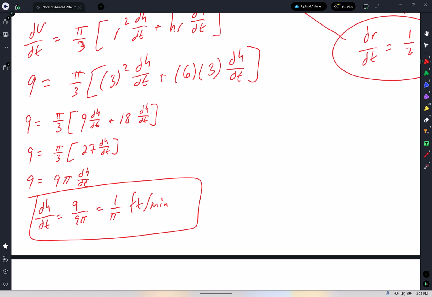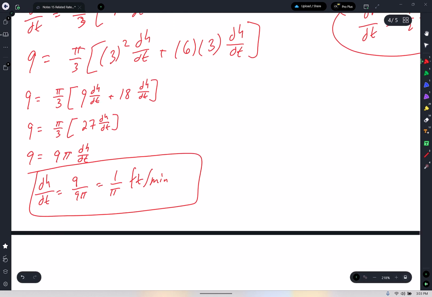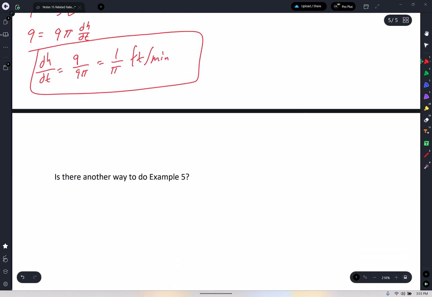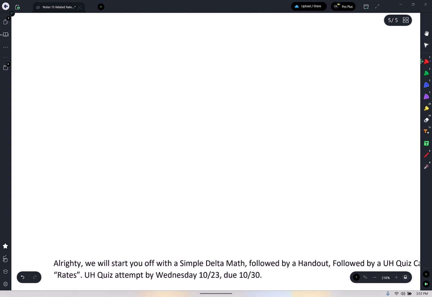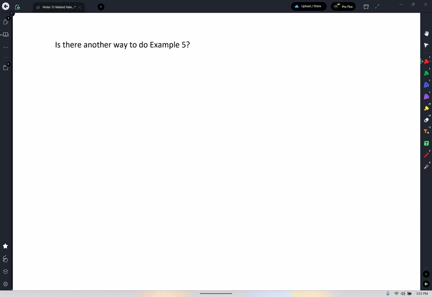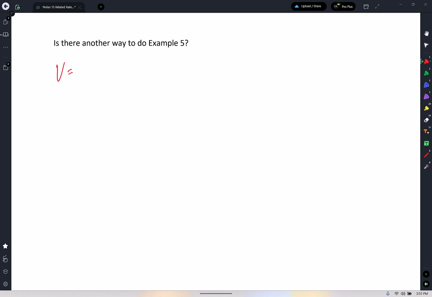How do we feel, guys? All right. Hopefully you're seeing that it's not that bad. Is there another way to do example 5? Yes. Don't worry, here's the other way. Volume equals pi over 3 r squared h.